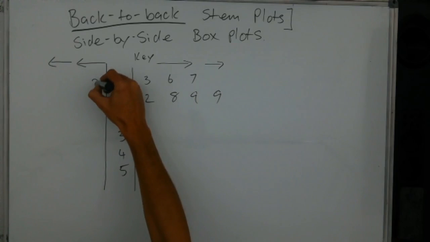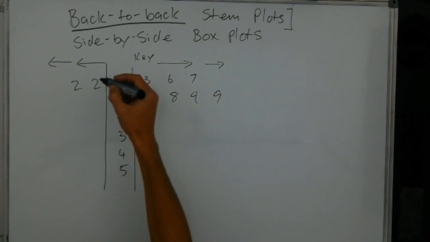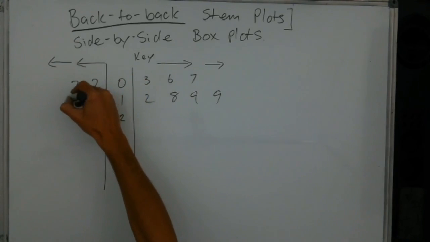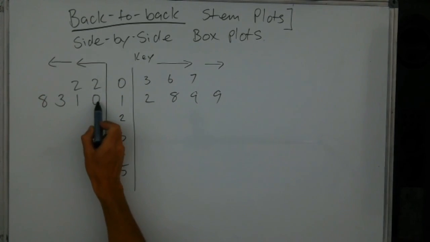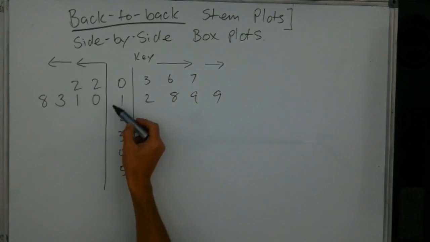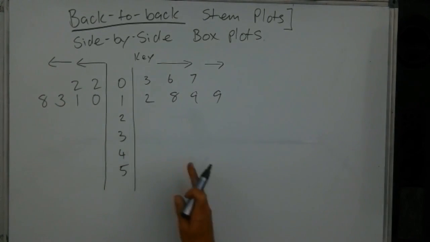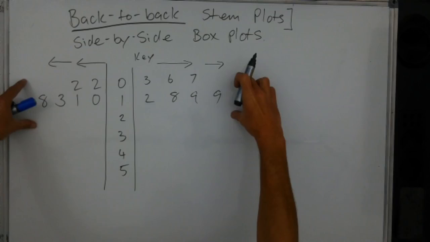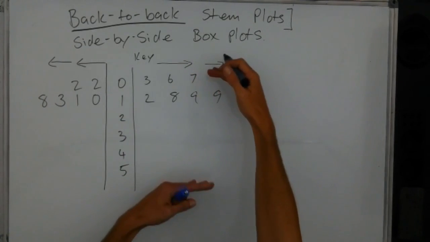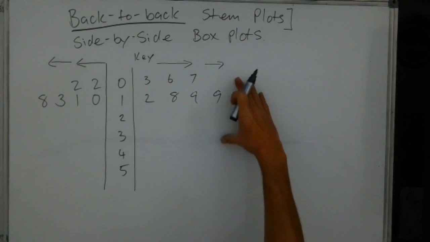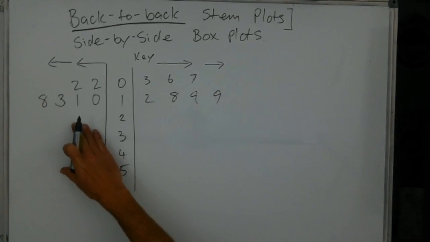So 2, 2. So from smallest closest to the middle, going out that way, and essentially it lets us see where the data sits in the same way that we had originally, but we can compare the two data sets.